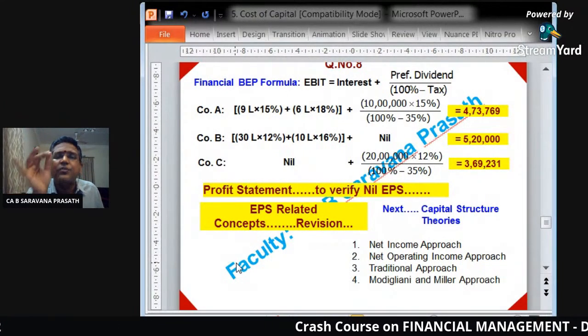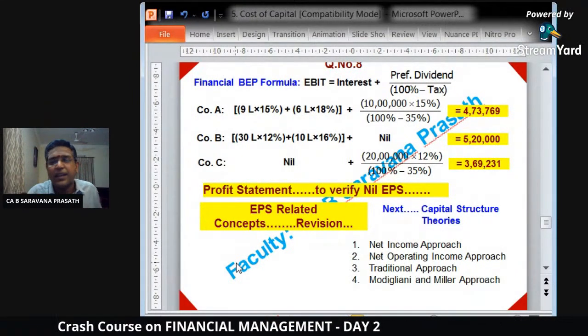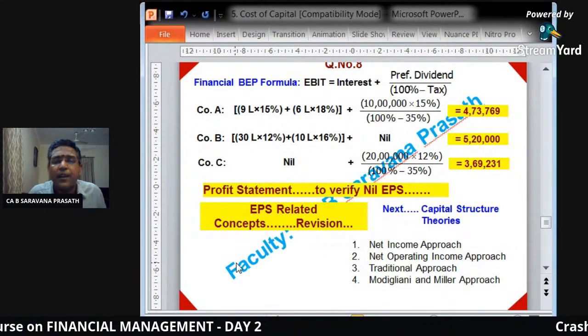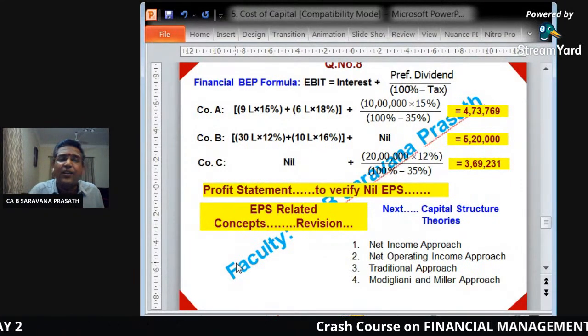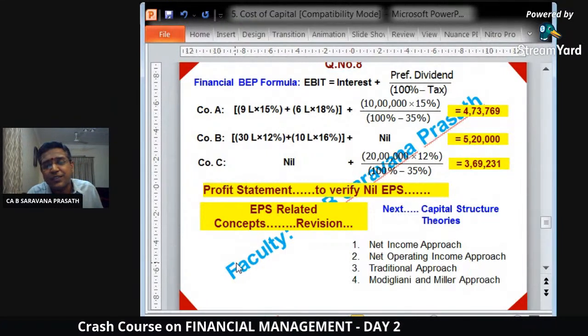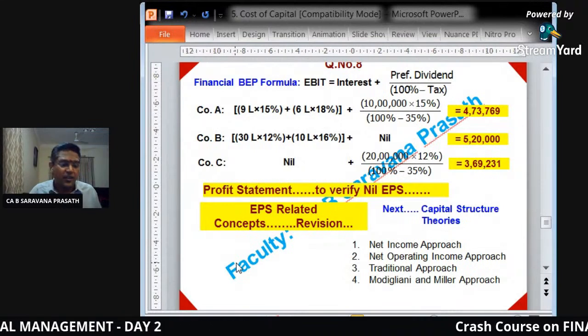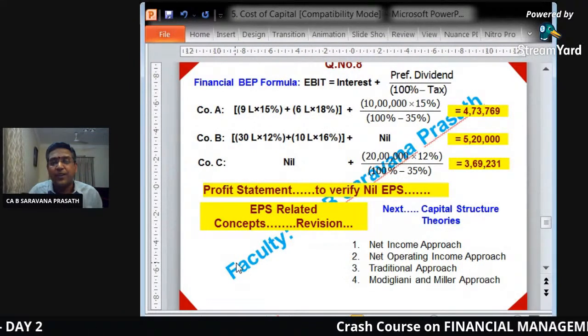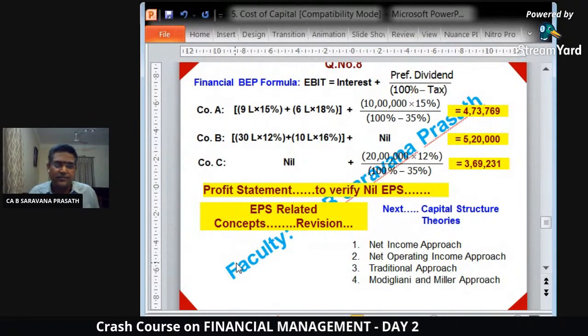Every money is distributed to equity shareholders. Whatever balance we have after paying interest, entirely paid to equity shareholders. Based on those assumptions, we have four theories: net income theory, net operating income theory, traditional theory, and the Modigliani Miller theory.